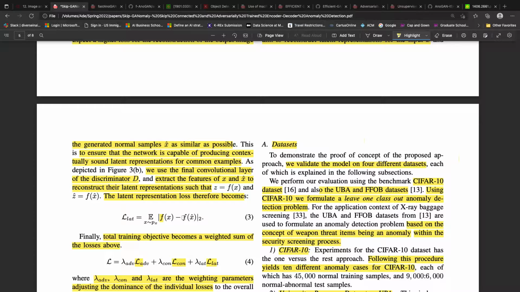So it seems to me, but when we get to the coding part of it, the implementation, we get more clarity. It seems to me that it's resembling what you have in a Siamese network, because they said they use the final convolution layer of the discriminator and they extracted the features of x and x bar.